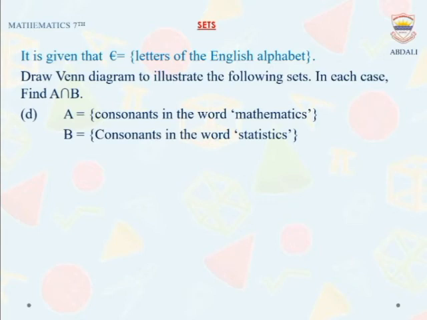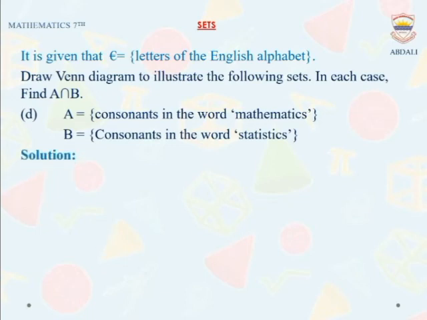In mathematics, M, T, H, again M, C and S are consonants, and the other letters, which are I, A, E, are vowels, and they are not in set A. And in set B, in statistics, only S, T, C are consonants, and the other letters, which are I, A, are vowels, and they are not part of set B. So let's start our solution.